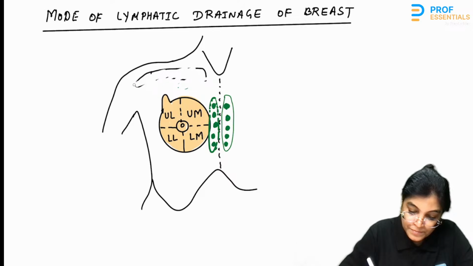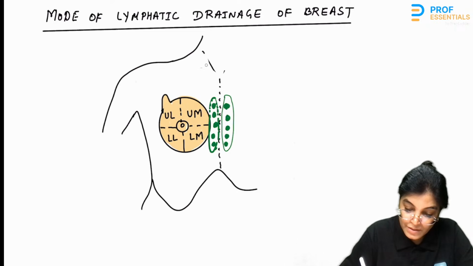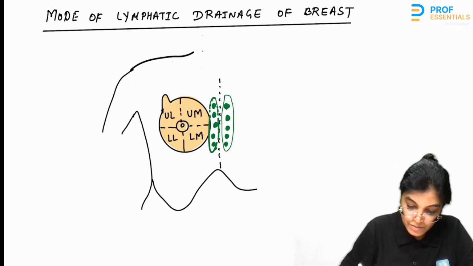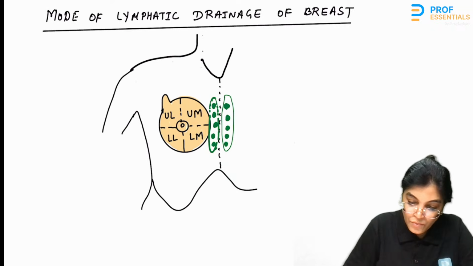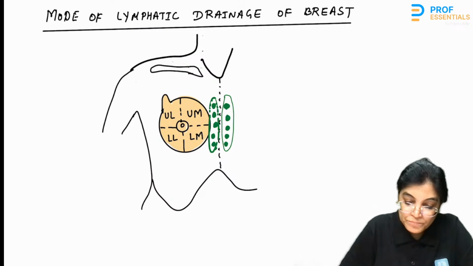Actually, this is a schematic diagram just to make you understand, so you can just make this diagram. So many important structures I have to show, so I want a certain space here. I'm just making it slightly above, like this, because I want to show important structures here.